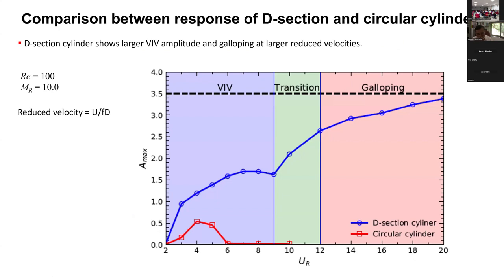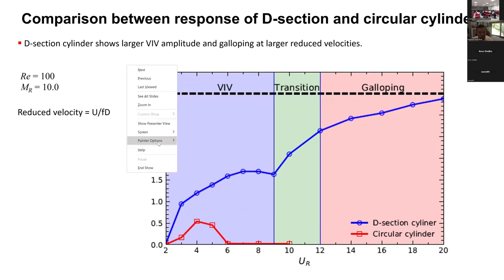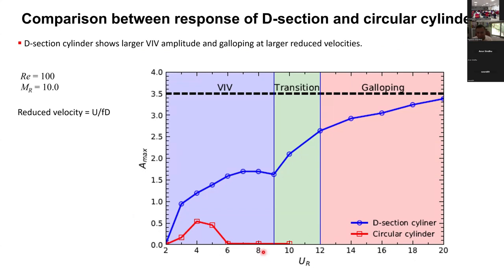Okay. Now let us look at the characteristic of this D cylinder. What I'm plotting is the maximum displacement or the amplitude of the cylinder as a function of reduced velocity, as you can see here. And we have done simulations for the circular cylinder and also for the D cylinder. Now let us look at the circular cylinder.